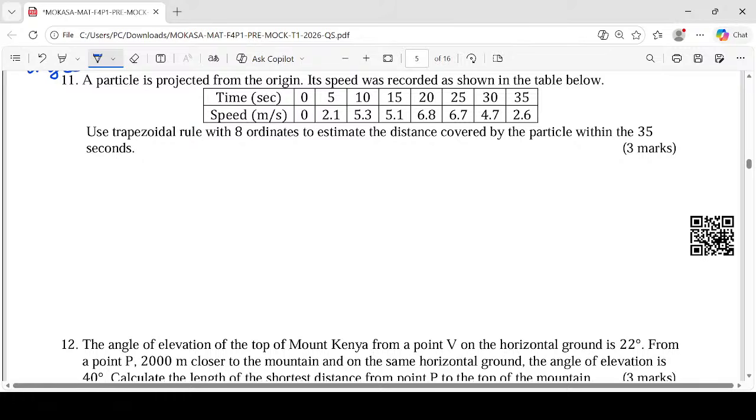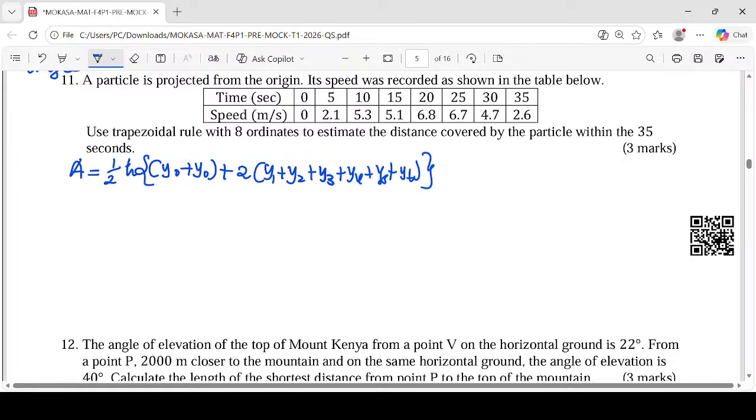Before we get the formula, we know that area is given by a half h into y naught plus yn, meaning the sum of the ends, plus 2 into the sum of the middles, which is now y1 plus y2 plus y3 plus y4 plus y5 plus y6. This formula is very important.